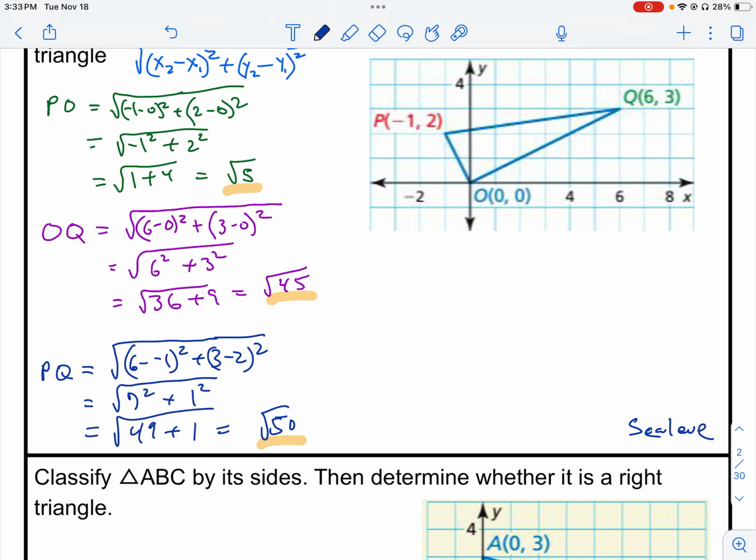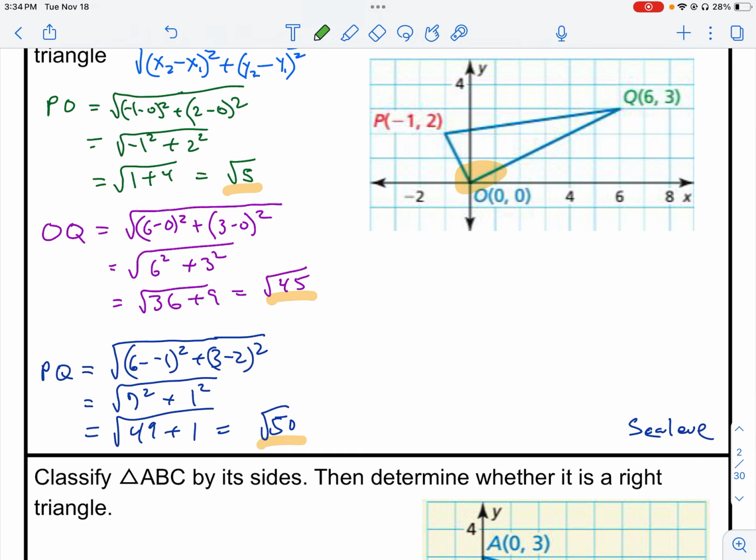Well, we know that if it's a right angle, the two lines that intersect to form a right angle have opposite reciprocal slopes. So flip the number over, change the sign. Looking at this, I'm thinking this angle right here is my highest probability of being a right angle, so I want to check it first.